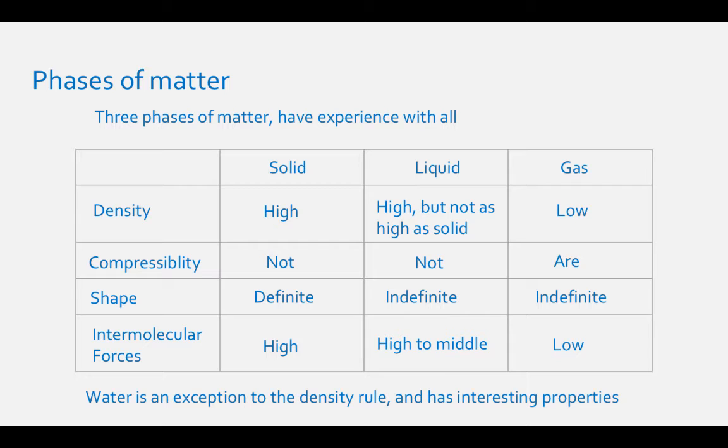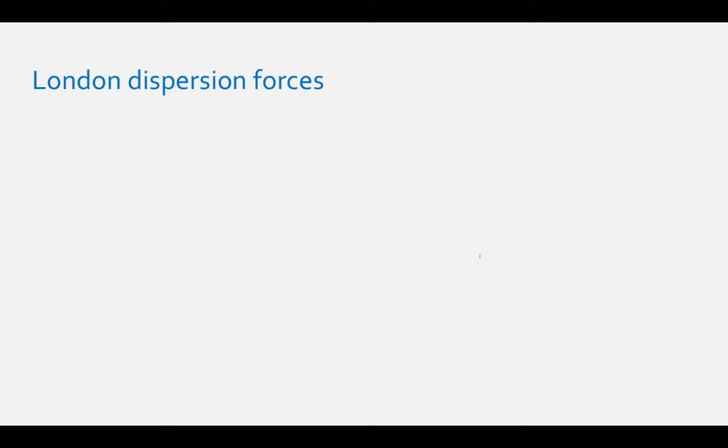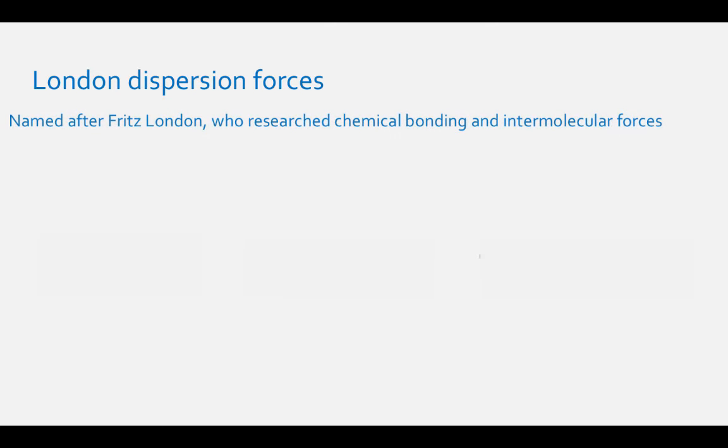The first type of intermolecular force we will be discussing are the weakest ones, London dispersion forces. They are named after Fritz London, a Jewish German physicist, whose work on chemical bonding and intermolecular forces are considered to be classic and are discussed in nearly all chemistry textbooks.